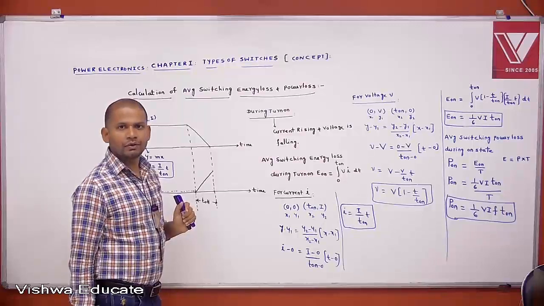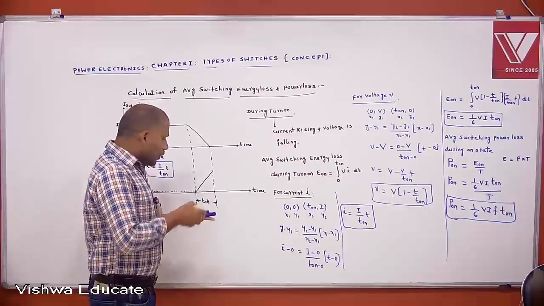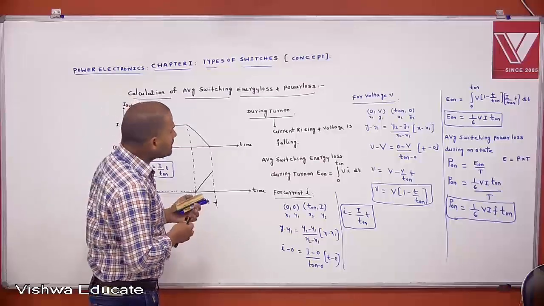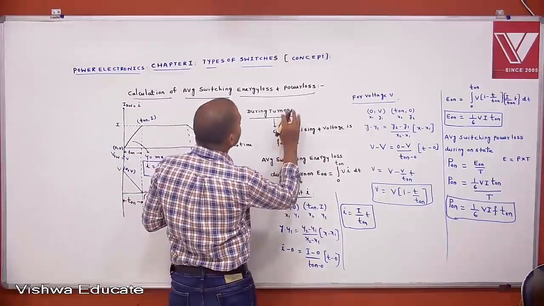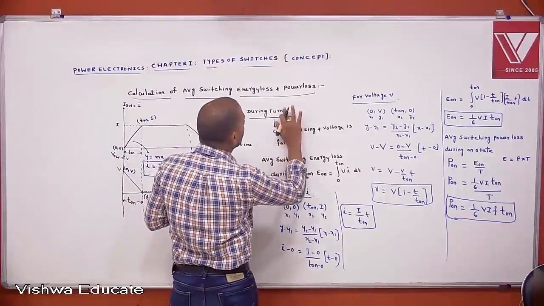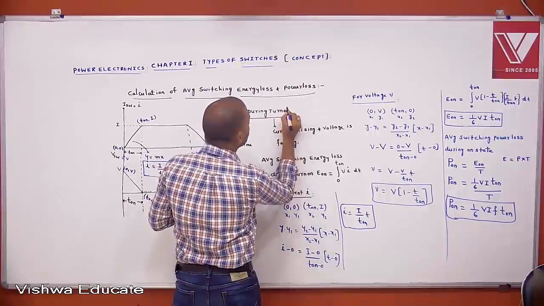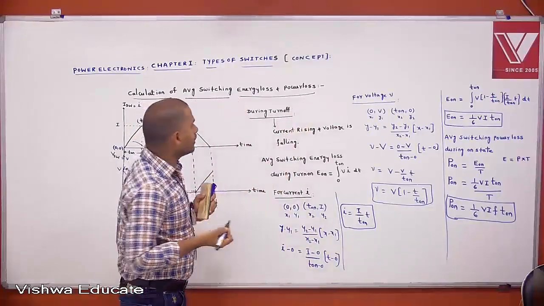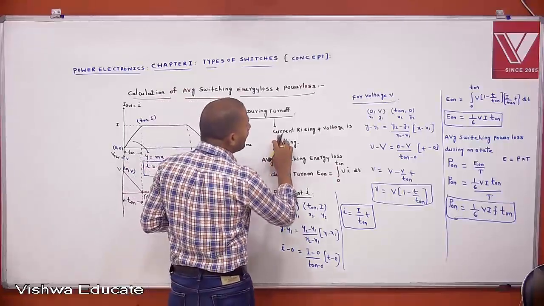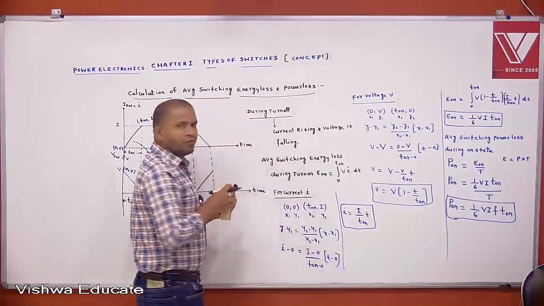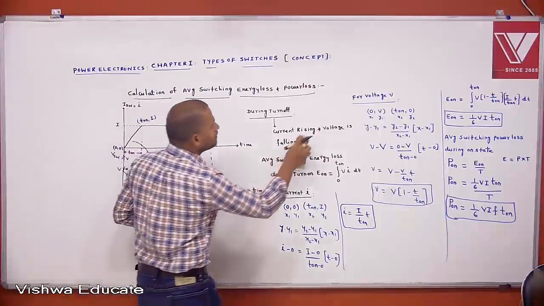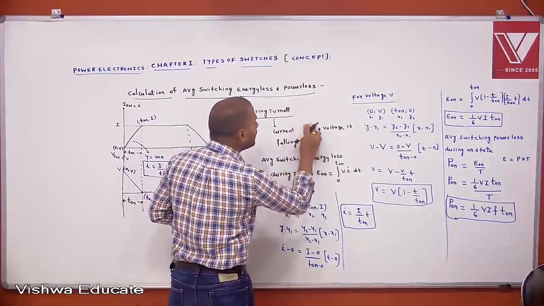Now you want to do these calculations during turn off. During turn off, the current is falling.